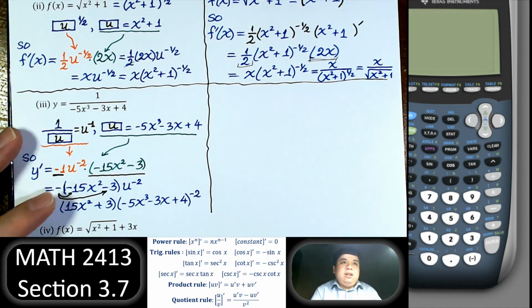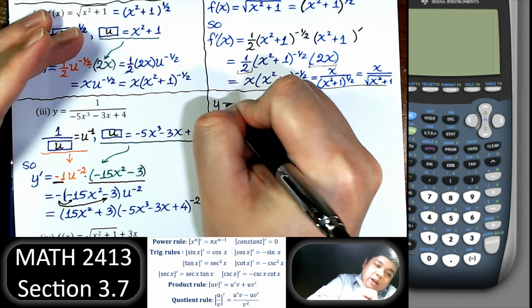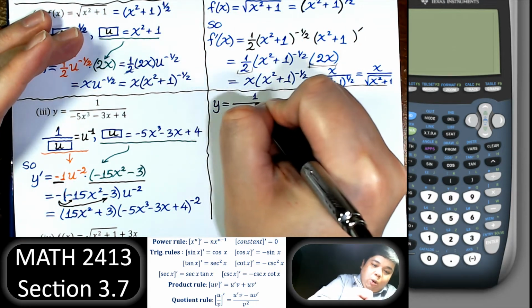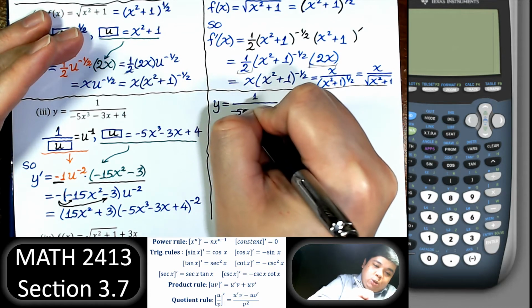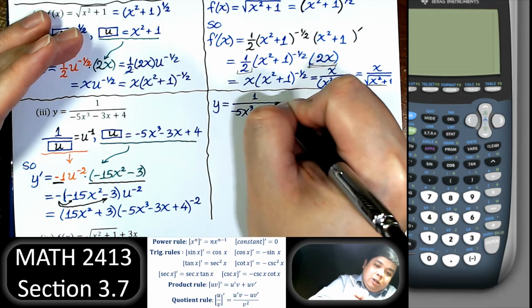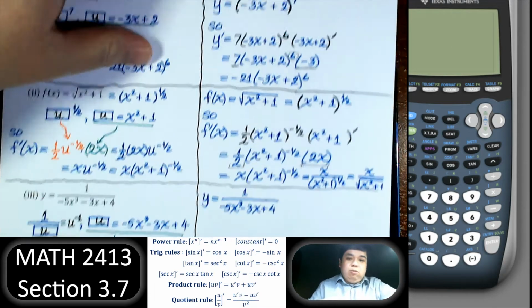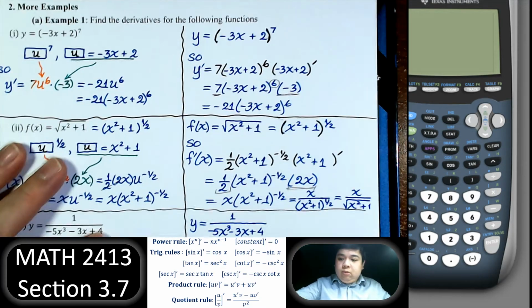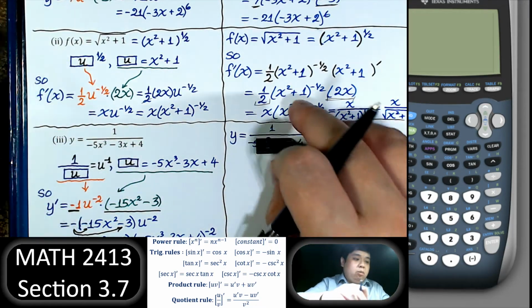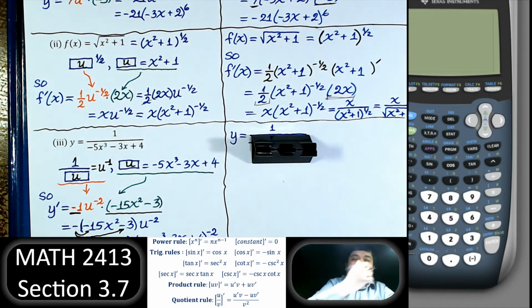Right, next example. y equal to 1 over negative 5x cubed minus 3x plus 4. Of course, we can take the derivative like that for the whole denominator, 1 over something.